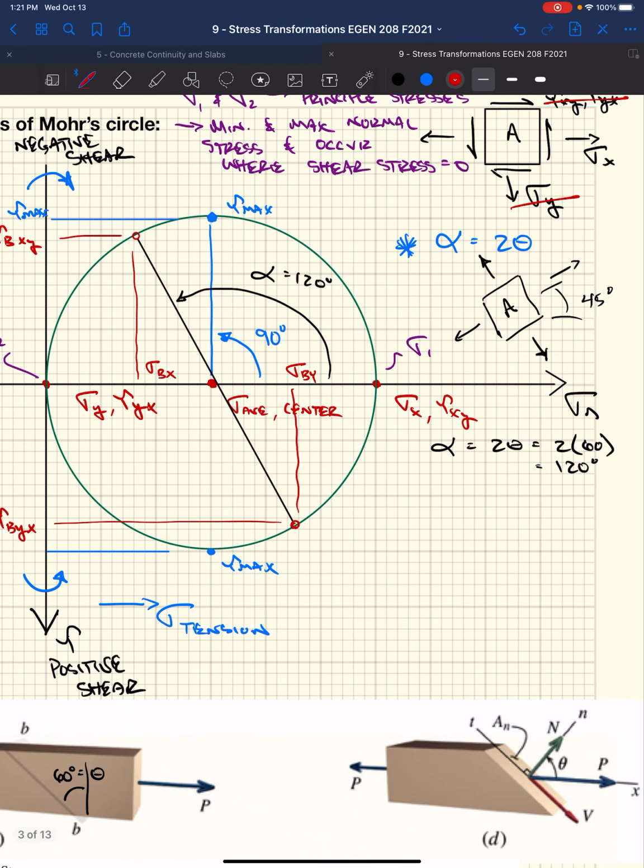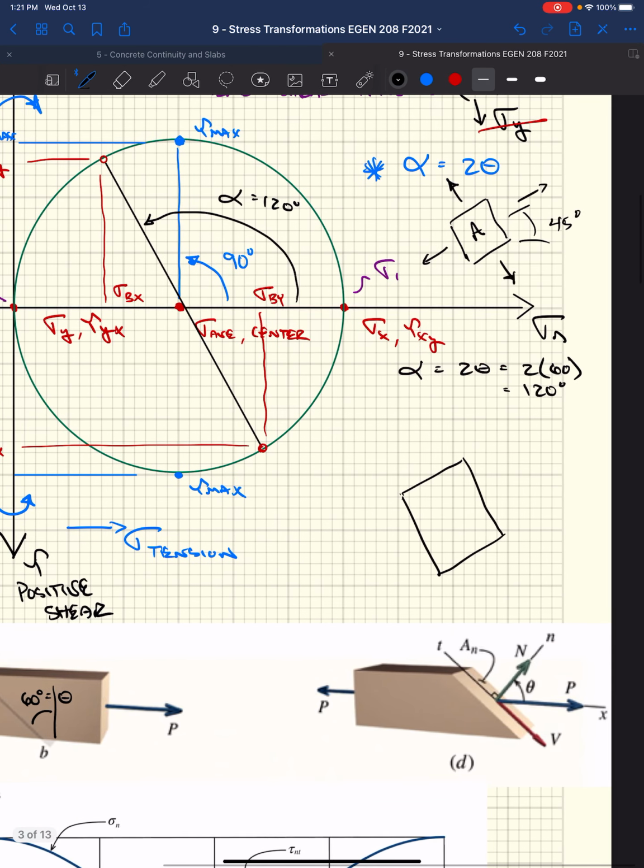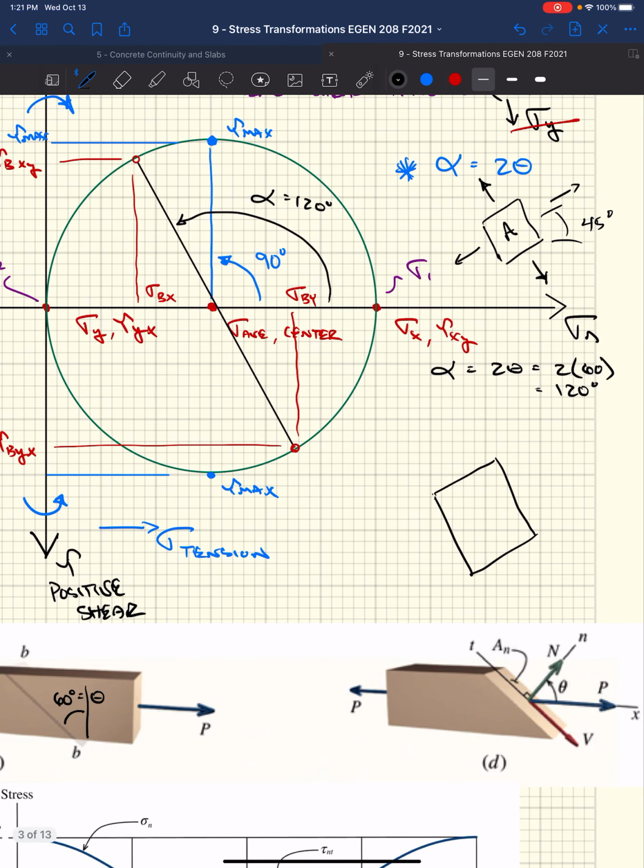So if we took, given that we knew the stress at AA, and we wanted to rotate and look at a stress plane that's at 60 degrees, we orient our block at 60 degrees. We would have a sigma bx. We'd have our taus.